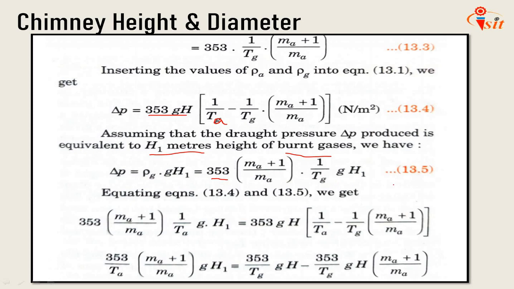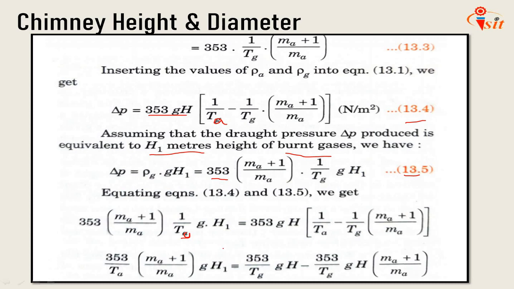Now equating equations 13.4 and 13.5, we get 353 Ma plus 1 upon Ma, 1 upon Tg, g H1 equals 353 g H, 1 upon Ta minus 1 upon Tg, Ma plus 1 upon Ma.